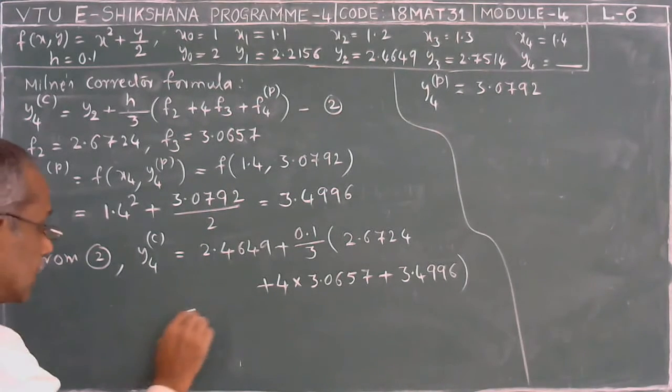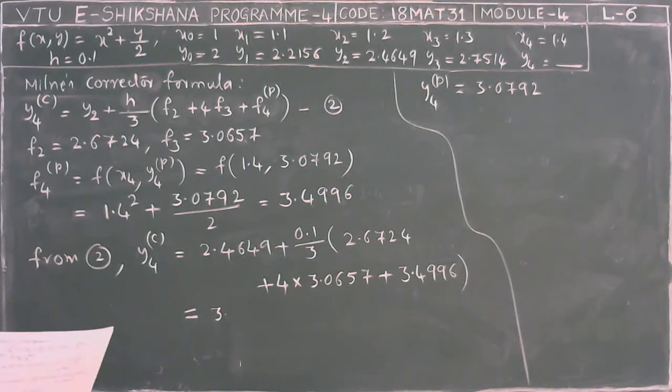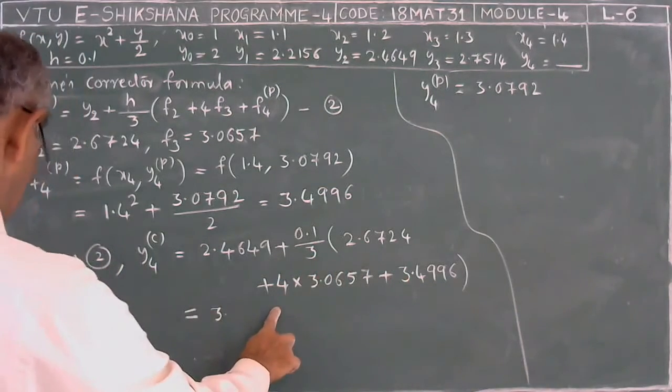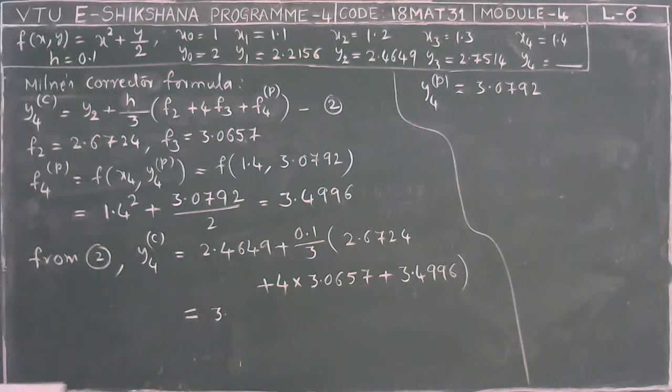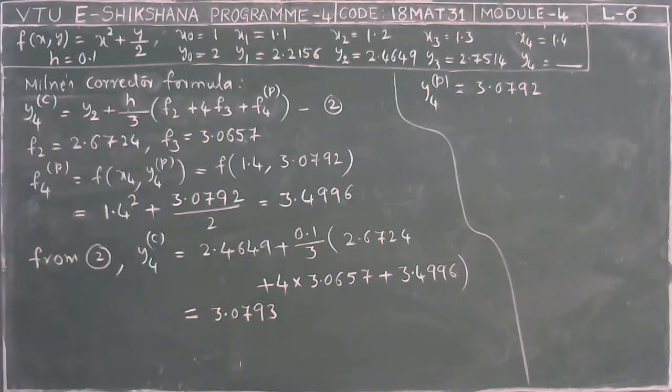Now if you calculate using your calculator, you will get y4c equal to 3.0793.